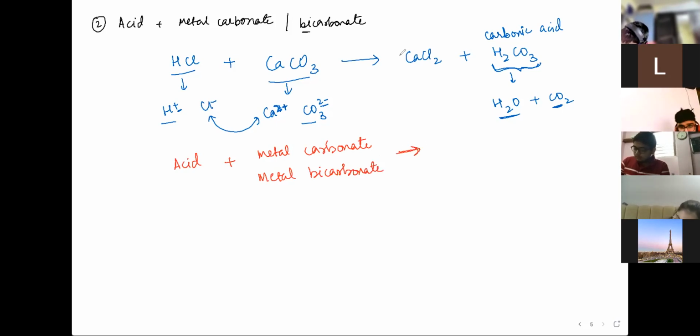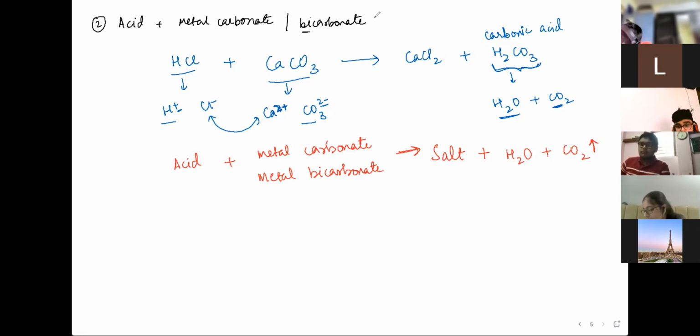Based on this, can you predict? What kind of compound is CaCl2? Ionic. Yes, salt. So you get salt plus carbonic acid, which is unstable. It breaks down into H2O plus CO2, and CO2 escapes as a fizz, bubbles out.